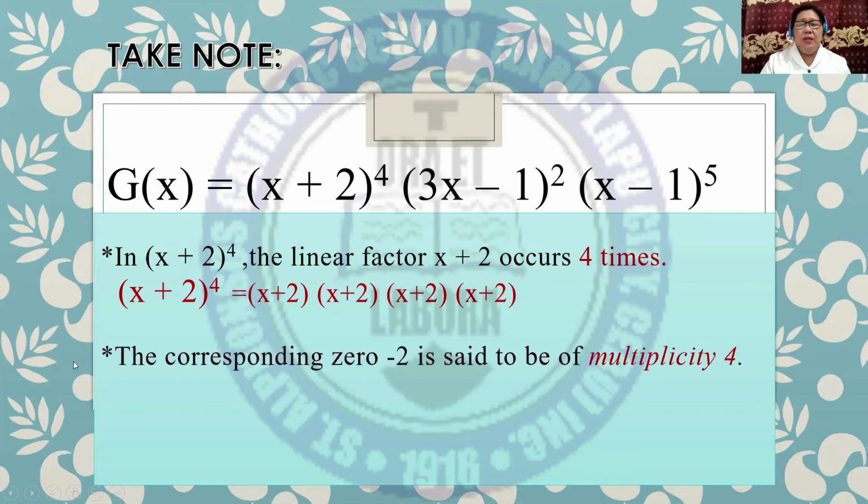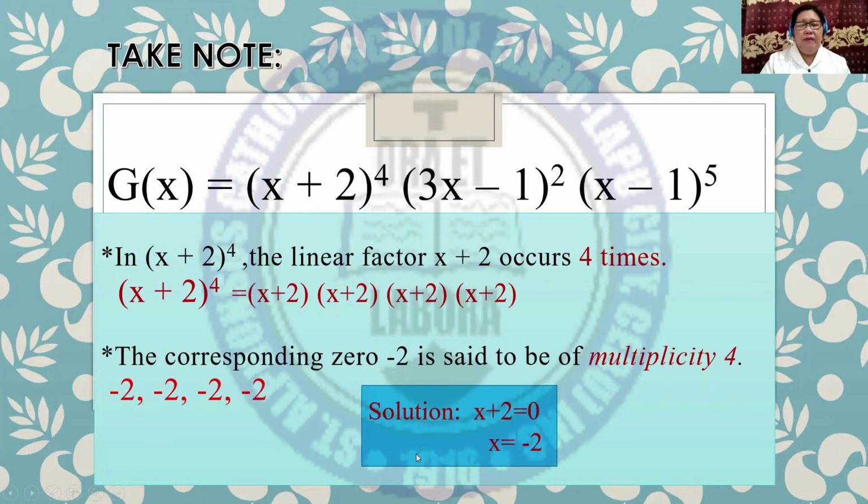The corresponding zero, negative 2, is said to be of multiplicity 4. So meaning, negative 2 appears 4 times. And to get the value of x, which is negative 2, all you have to do is to equate x plus 2 to 0. And transpose positive 2, there you have negative 2.